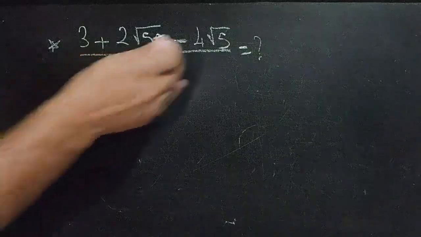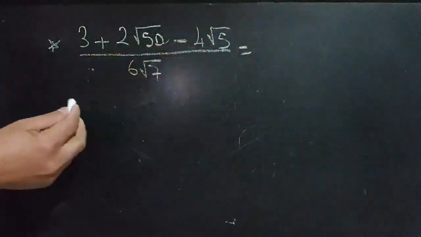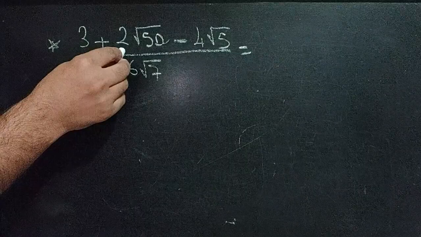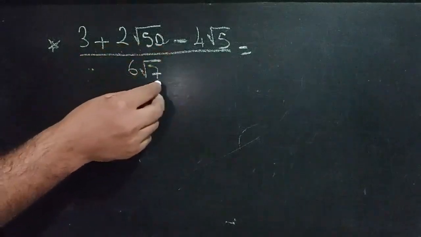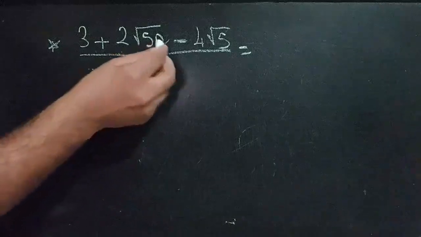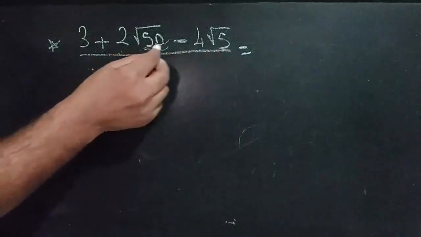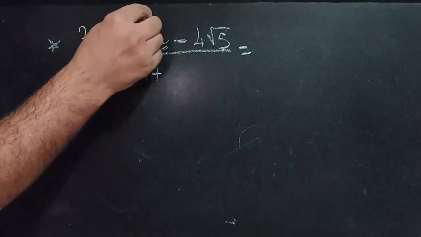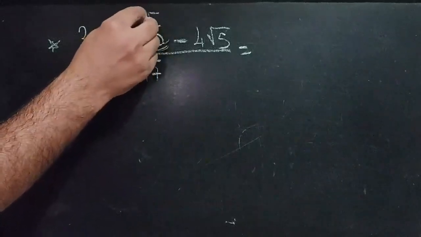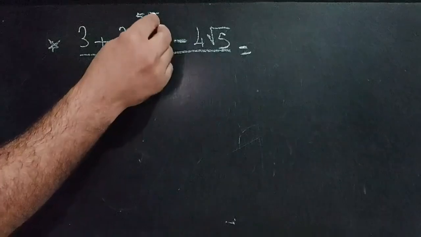Let's have a look at this question. So 3 plus 2 square root 50 minus 4 square root 5 over 6 square root 7. From there, this one will be 25 times 2, which is 5 square root 2.